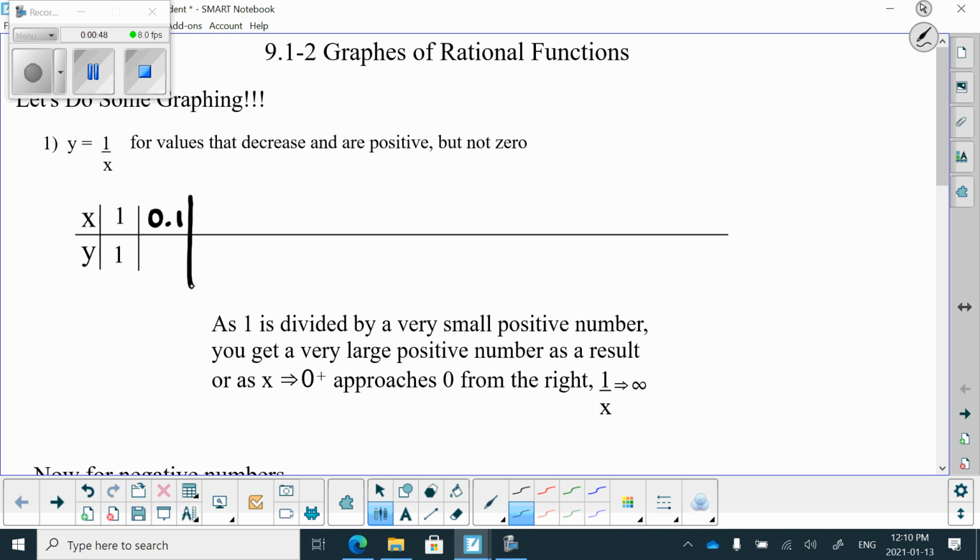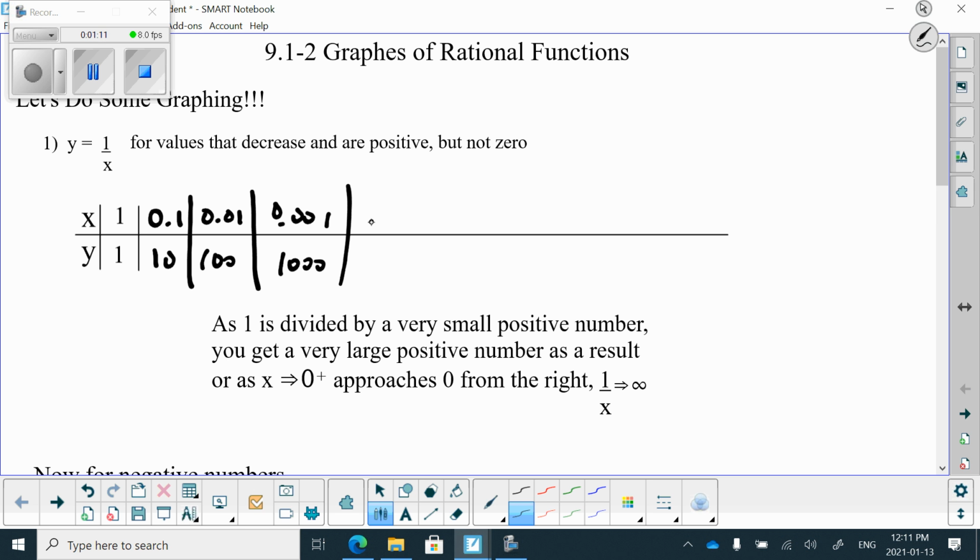Yeah, it is 10. So after that, I go 0.01. You can probably see the pattern with the next one going to be 100. I'm going to do one more. 0.001 will give us 1,000, absolutely.